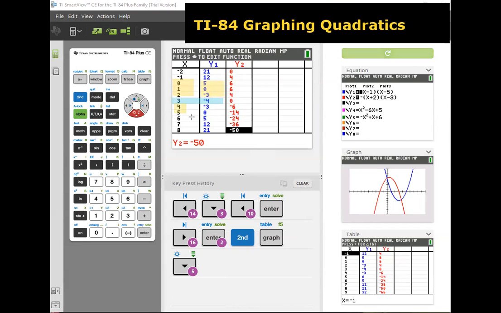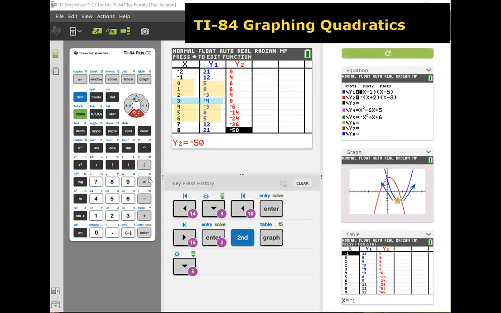If you do 3 points after the vertex, due to the symmetry of the parabola, we also get in reverse -3, 0, and 5. As you can see on the graph here, there's the vertex, and those are 3 points going up on the left branch, and also 3 points increasing on the right branch from the vertex point, which is this star point at the bottom of the quadratic. That's the turning point of the quadratic. So due to the symmetry, we get those same values on the left side of the vertex and the right side.